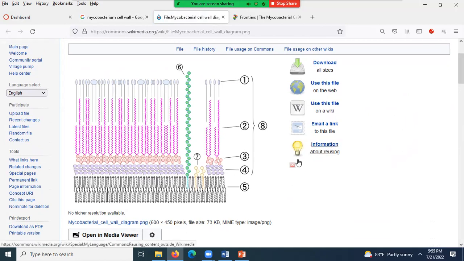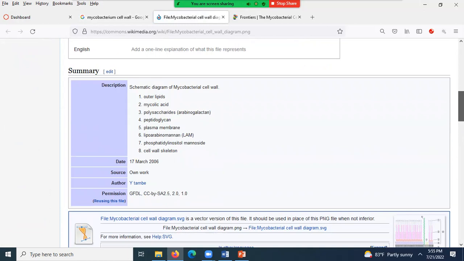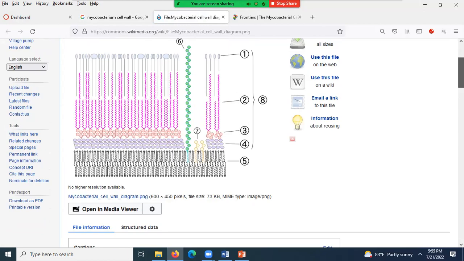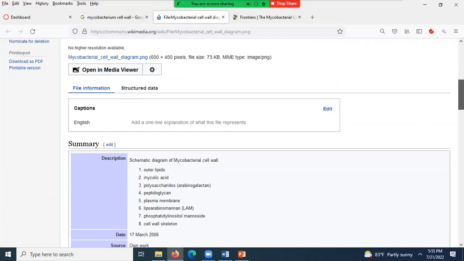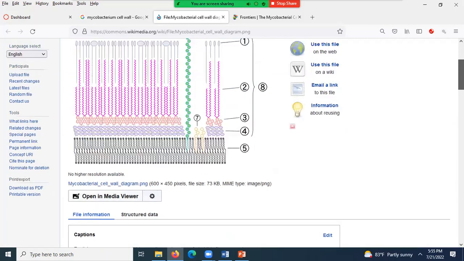So number 2 is the mycolic acid. And as you can see, this is the cell wall, 4 being the peptidoglycan, and it's a fairly thick layer of peptidoglycan. And then outside of the peptidoglycan, there's a few other molecules, 3, which you don't need to know about, polysaccharide.